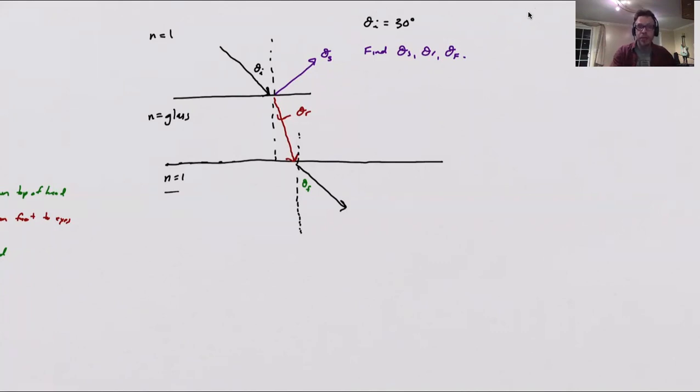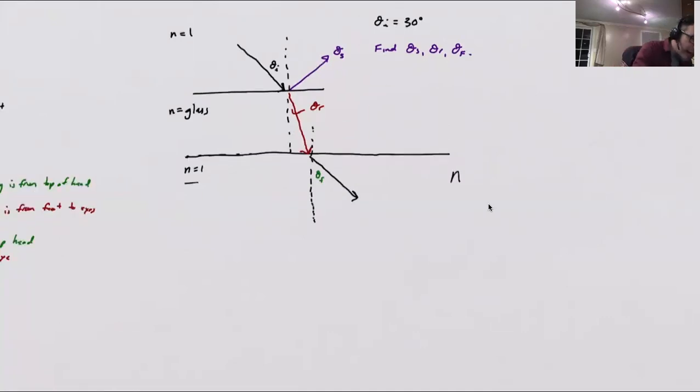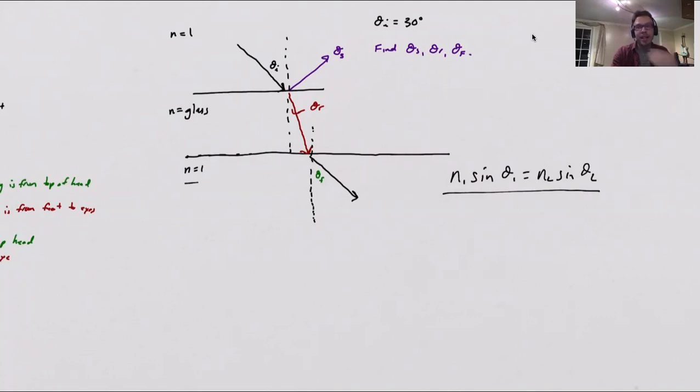So this is where we're going to have to make use of the fact that n1 sine theta 1 is equal to n2 sine theta 2. And I remind you that that's true across any interface, across any surface. So yeah, that's true at the first surface, but it's also got to be true at the second surface. So let's see if we can just use that and get through this 1, 2, 3.